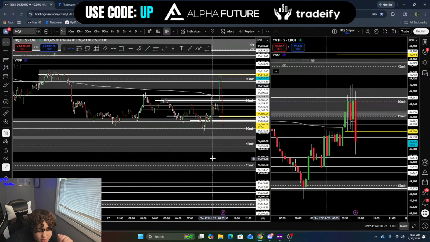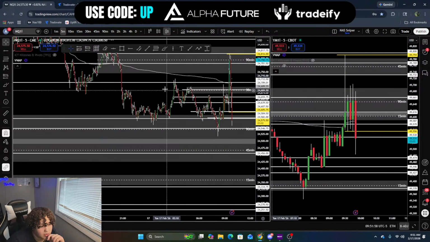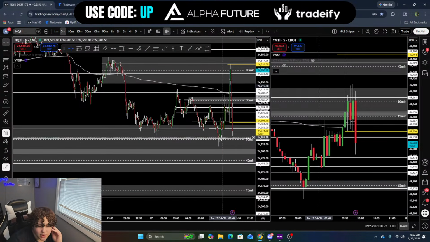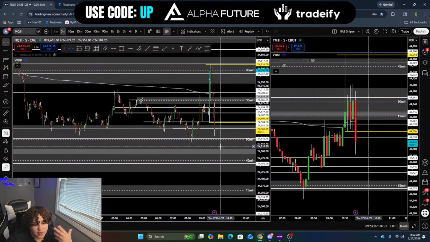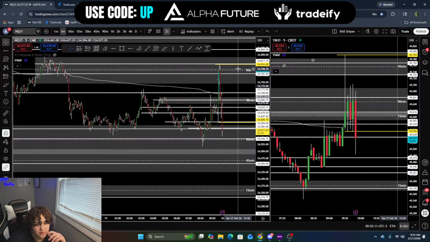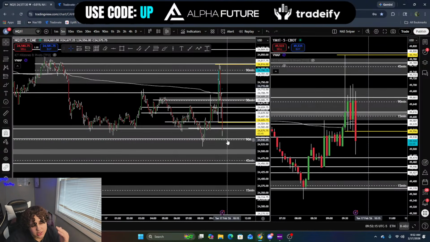I think there could be a lot of downside potential if it gets below this area here that it's been bouncing off of for quite a bit. Another thing that could happen, it could bounce off of here as well and just come back inside of the range, which I think could happen, but there's a lot of volatility. I would want to see it break out of here, break lower.